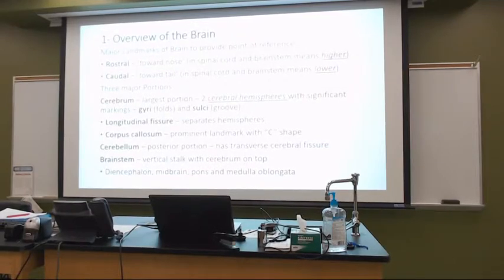The markings on it, very significant, very identifiable. You've got these really huge, large folds that are existing. They're the gyri. The little lines that indent between them are the sulci.